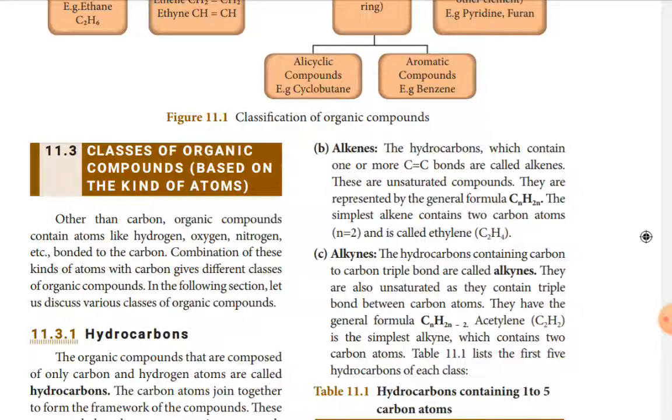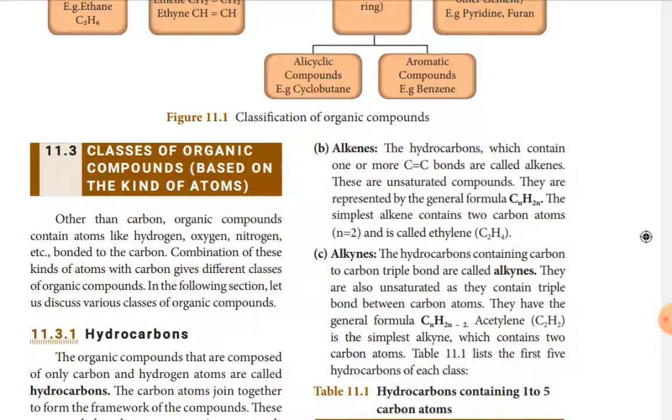Then alkyne general formula CnH2n-2. Here a triple bond exists between the carbon atoms. The first compound is acetylene.